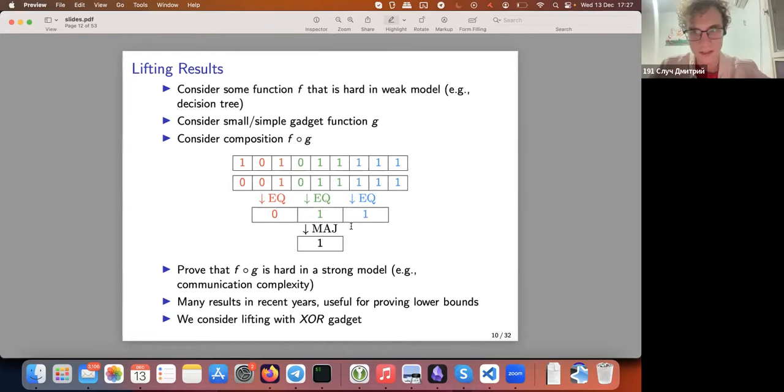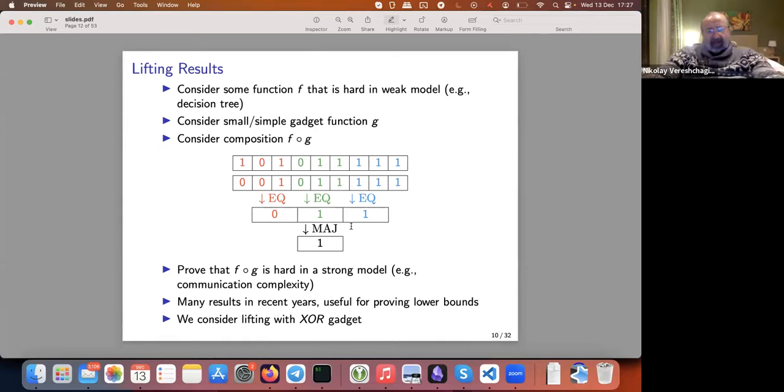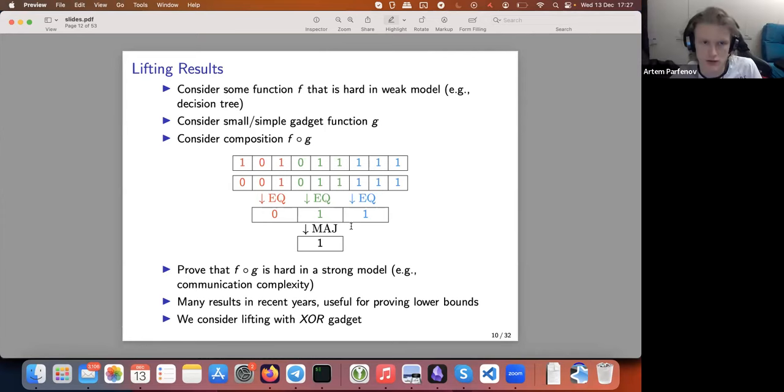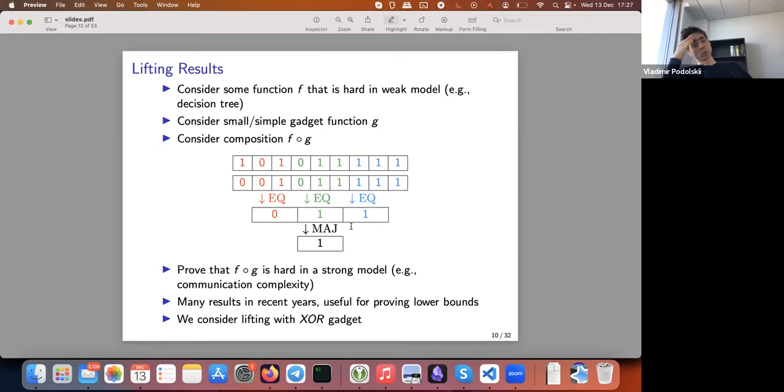Well, I don't think there is a formal definition, but it's like more flexibility in communication complexity. Hard means of large complexity, I guess. And weak means more or less a model in which you know rather well how to prove lower bounds, like decision trees.